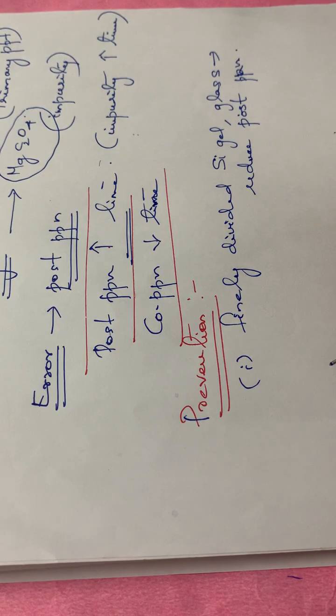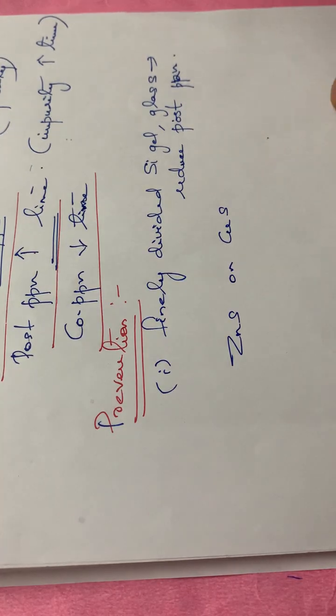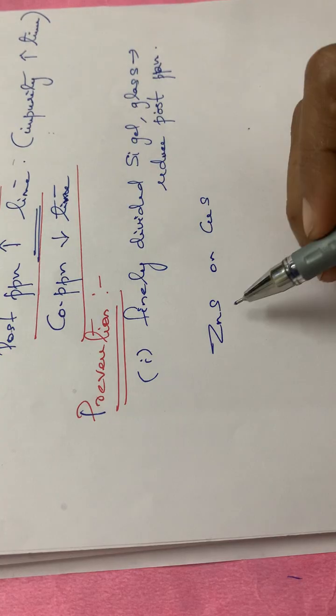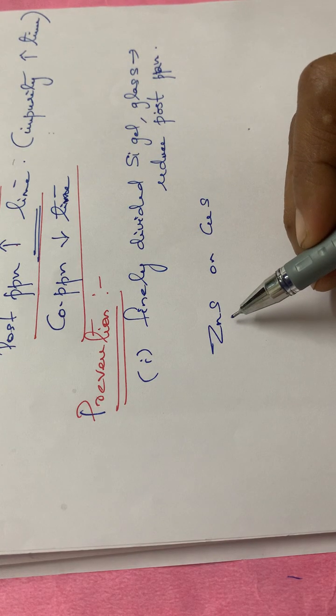For example, consider the post precipitation of zinc sulfide on copper sulfide. While we are reacting H2S with copper, if zinc ions are present in that solution, the zinc will also get precipitated as zinc sulfide.